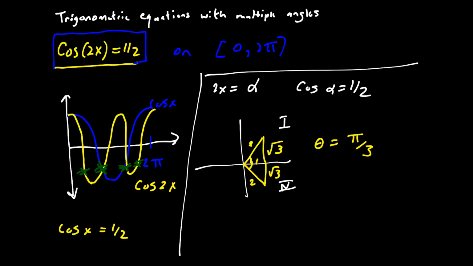Therefore, the solutions to this particular equation are going to be given by the following. Alpha is going to be equal to pi divided by 3, since this is given by the first quadrant. And then we'll also have 2 pi minus pi divided by 3 as our second solution, which is the same thing as 5 pi divided by 3. So our solutions, again, alpha is either equal to 5 pi divided by 3 or pi divided by 3.